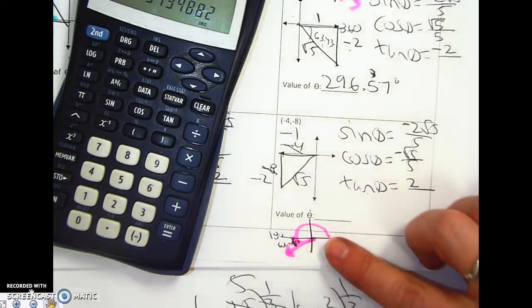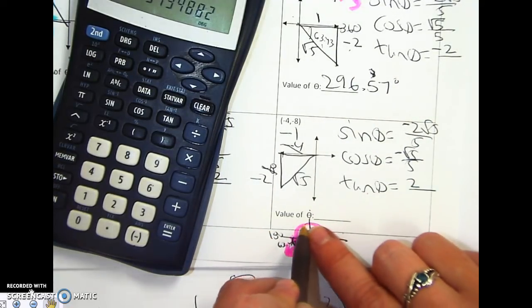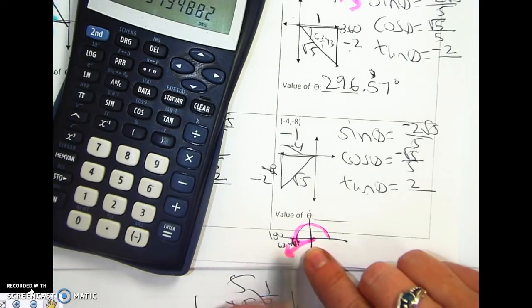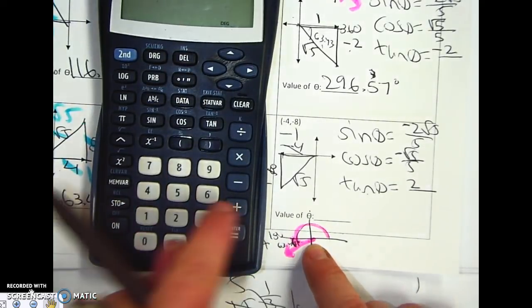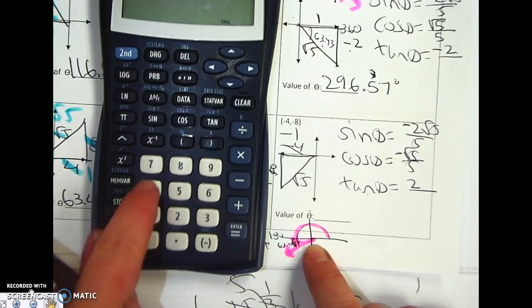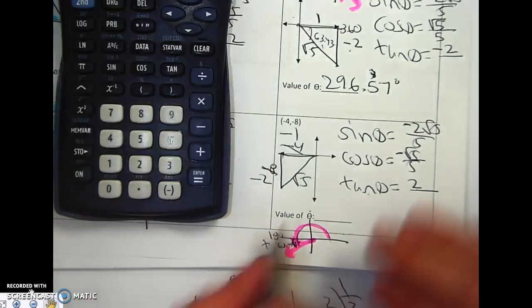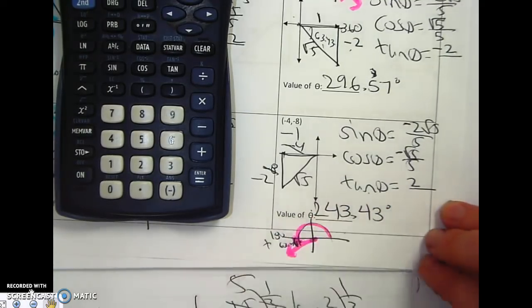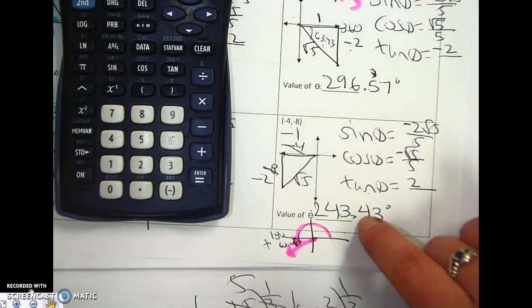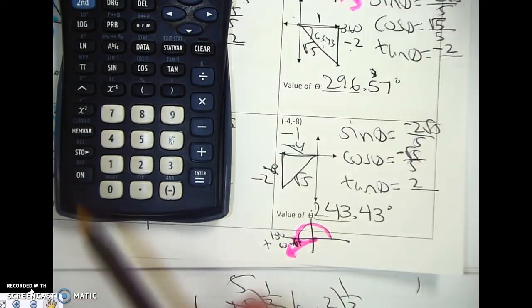Well, here's 180 degrees. If I go to here, I'm at 180, but I have to keep going. So I'm going to add those two together. So 180 plus 63.43 is 243.43 degrees. Okay? I know that that works out because it is in the third quadrant.